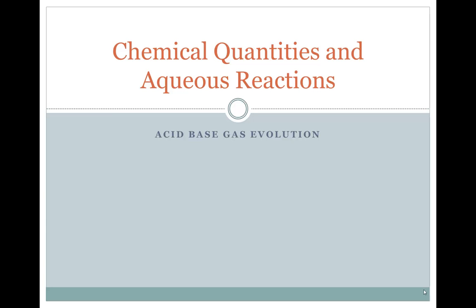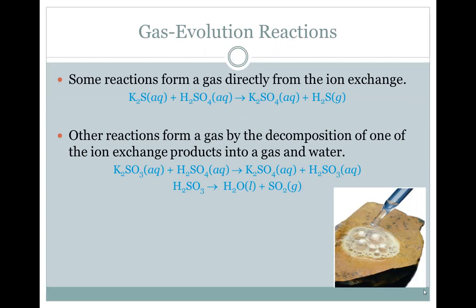In this tutorial, we'll be discussing the evolution of gas during an acid-base reaction. Some reactions form gas directly from the ion exchange, meaning when we take the inside ions and put them with the outside ions together, the K is now with the sulfate, so that's a +1 and a -2.